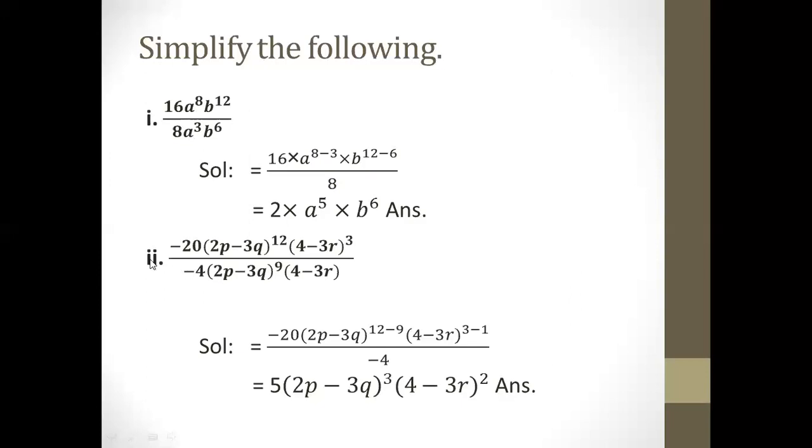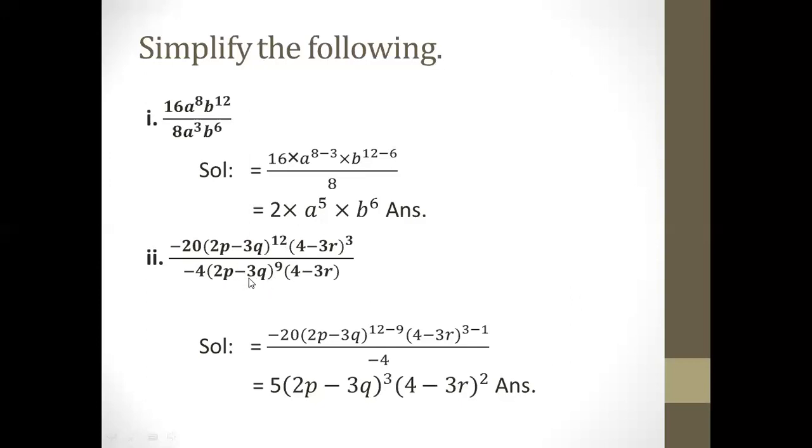Now in second part, in second question, you can see we have 2 negative signs, first in numerator and second one is in denominator. And you can see 2p minus 3q with power 12 raised to the power 12, and in denominator we have the same base, right?